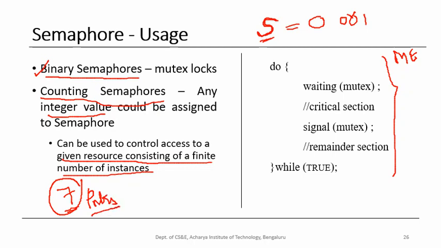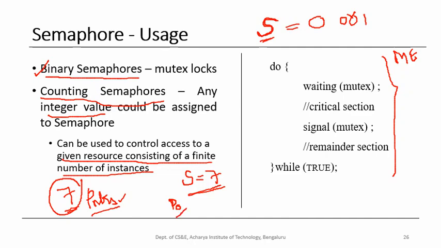Now every time a process makes a request for a printer, it will execute what is known as wait. The value of the semaphore is initialized to 7, meaning there are 7 instances of this kind of resource, that is, printers. So every time a process executes wait, the value of the semaphore is simply decremented.